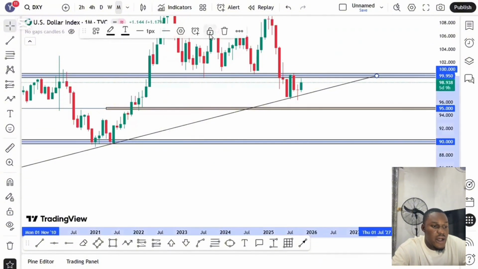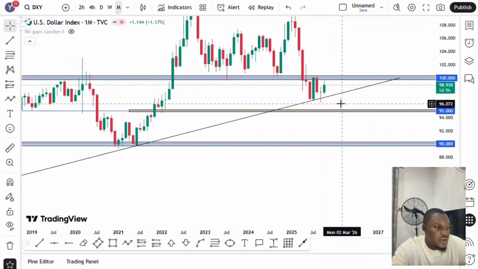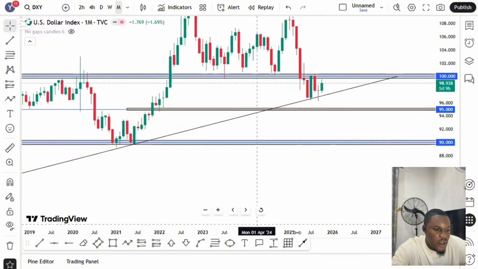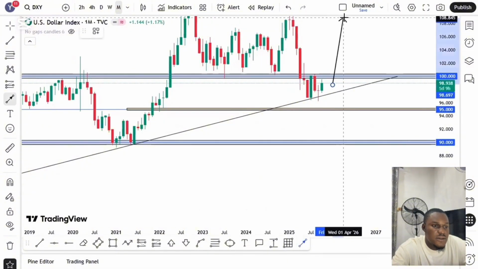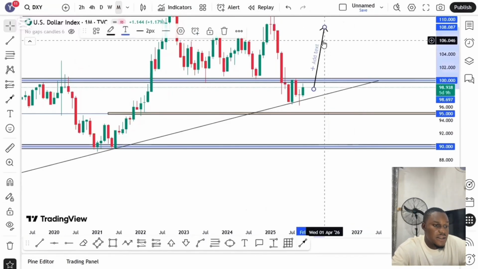Which means we have to be very careful right now in the market, because this trend line can move this market up. This is the monthly analysis.